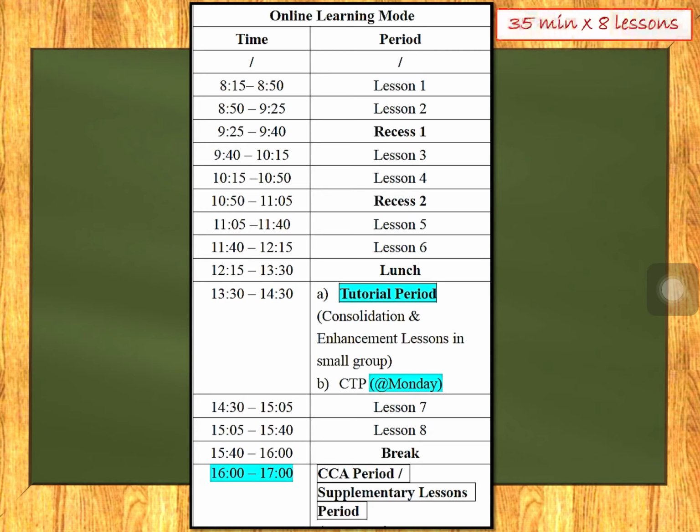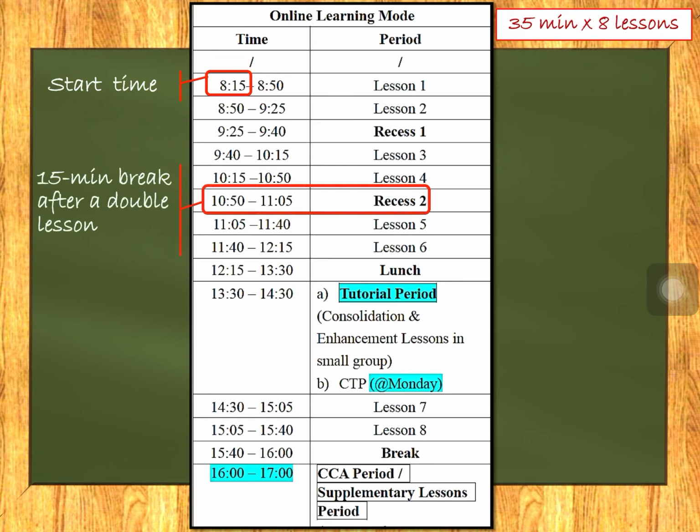The start time is the same, 8:15 in the morning. Since your lesson duration is longer, your breaks will also be longer. After each double period, you will get a 15-minute break to look away from the computer and relax your eyes a bit. For most of you, the day will end at 3:40 p.m.